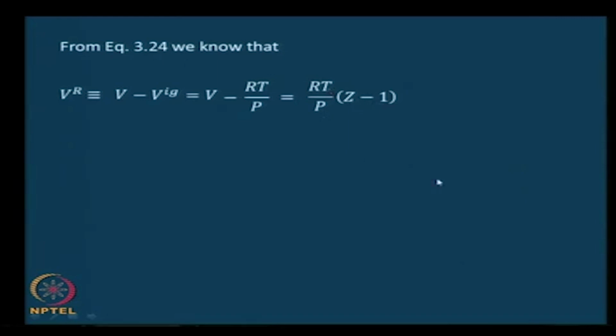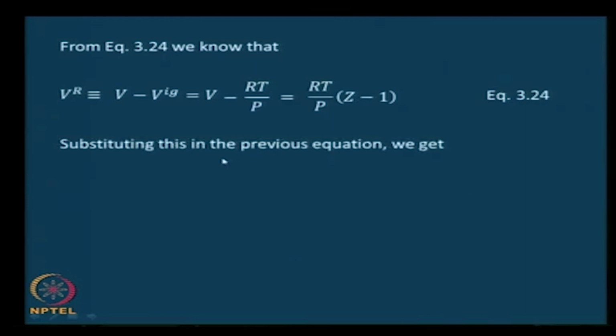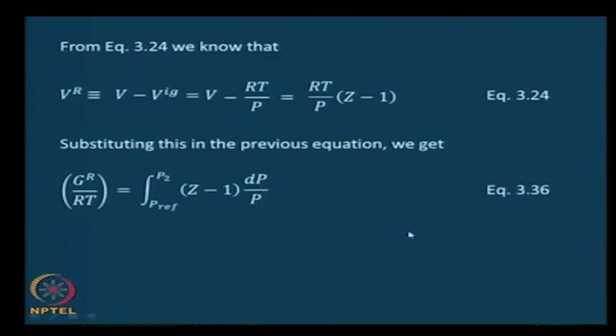This we saw in equation 324 itself. If we substitute this in the previous equation for Vr, we get Gr by RT equals integral from P reference to P2 of (Z minus 1) dP by P. We will call that equation 336.